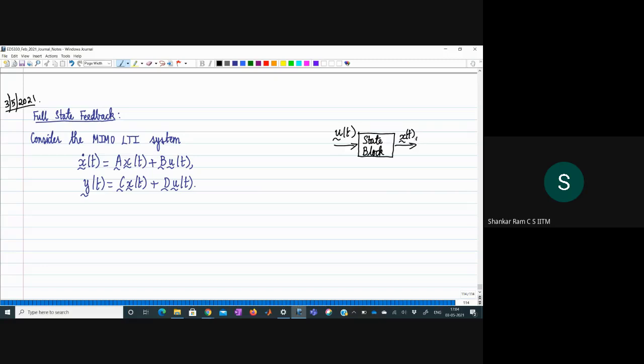The state vector then goes to the output block, and if you want to be very precise, the output block also uses the input u of t to get the output.